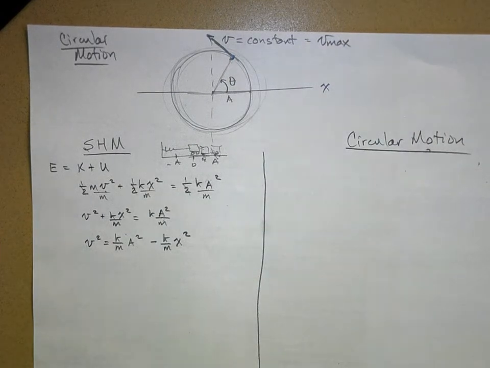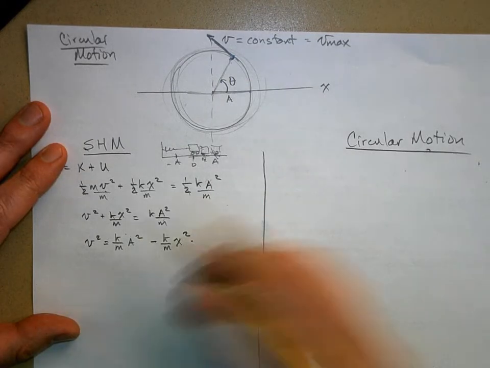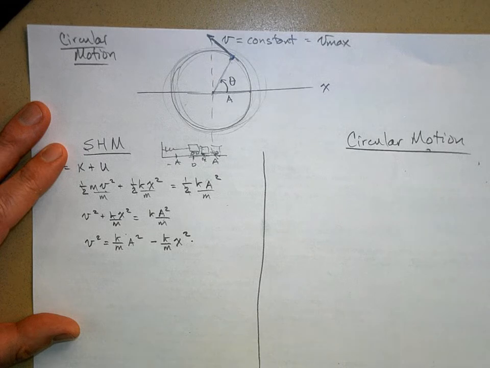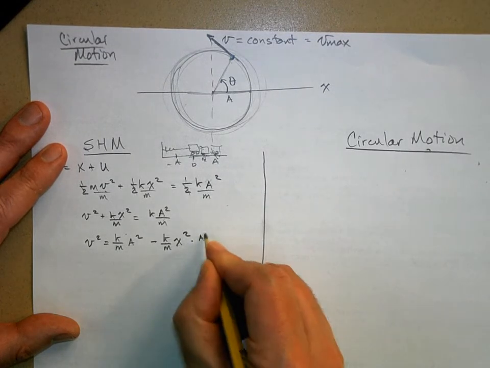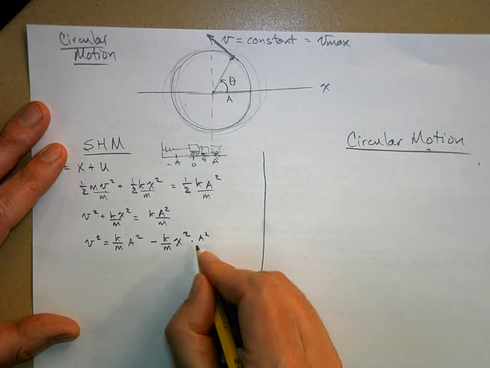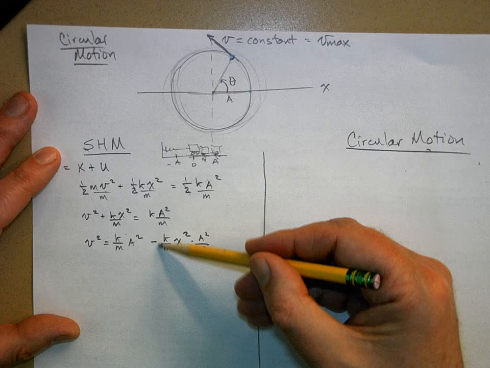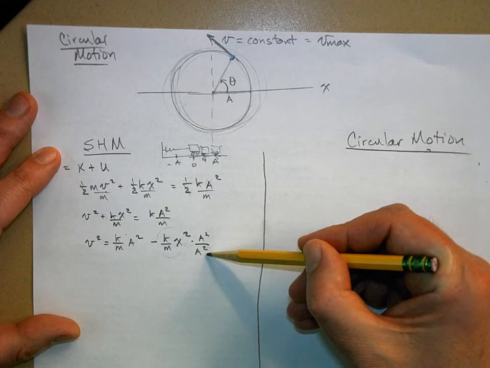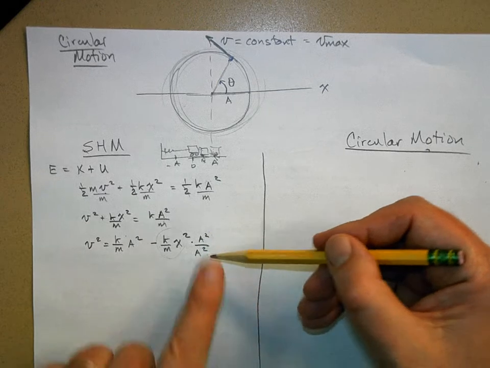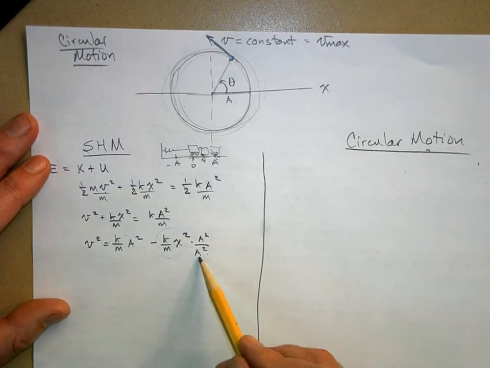Now I'm going to do something kind of funny, and if you were in my class the other day, I really messed this up, and this is where I went wrong. Well, one of the places where I went wrong. I'm going to do a little mathematical trick. I'm going to multiply it by a squared, which is totally legal as long as I divide by a squared. So in other words, this term right here is not changed by multiplying by a squared divided by a squared. This is 1. So that will go away, but I don't want it to go away. I'm going to have it stay, because look what I got.